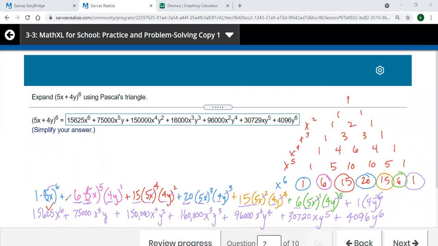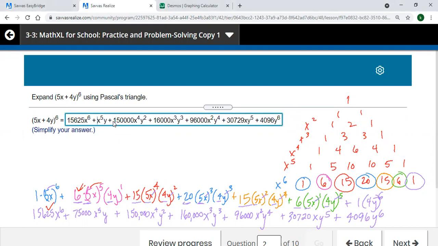The 6 times 5 to the 5th, 18,750. Whoa, that's not what I wrote. 6 right here. 6 times 5 to the 5th, I got 75,000. I'm getting 18,750 on my calculator right now.